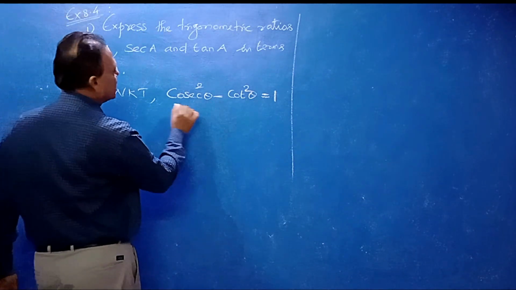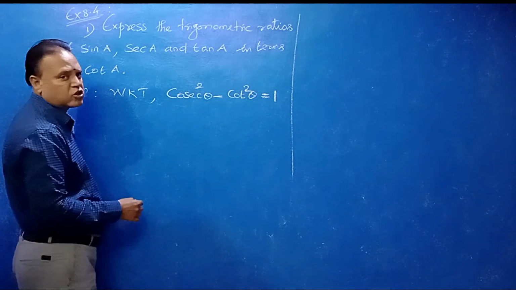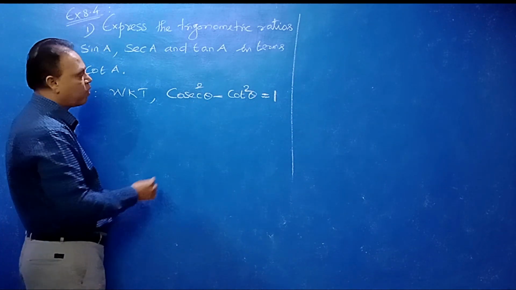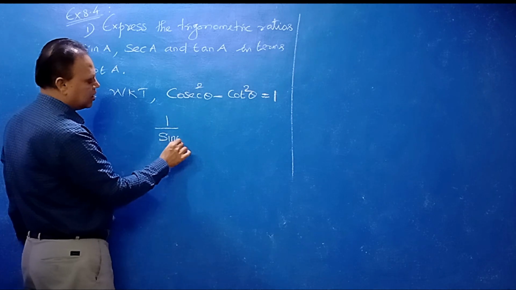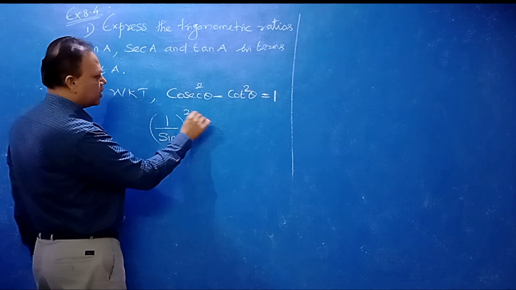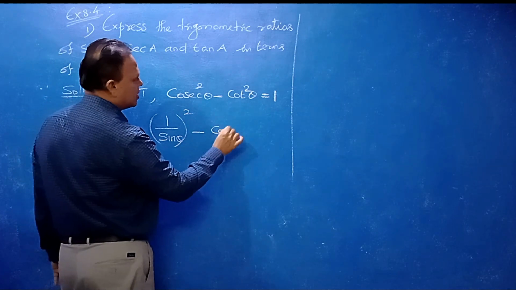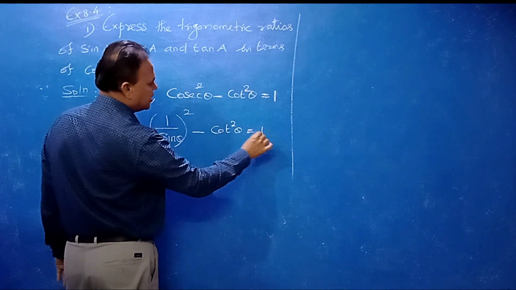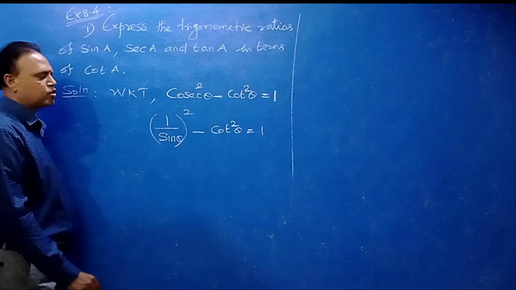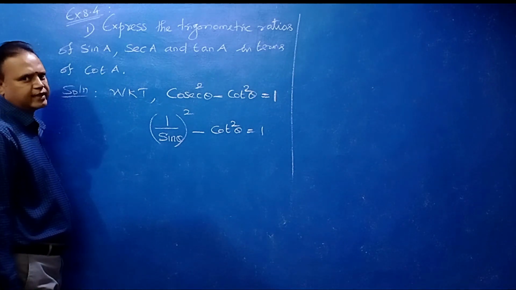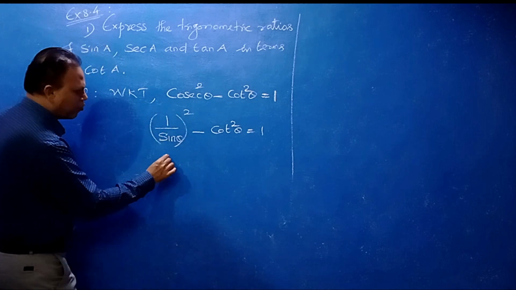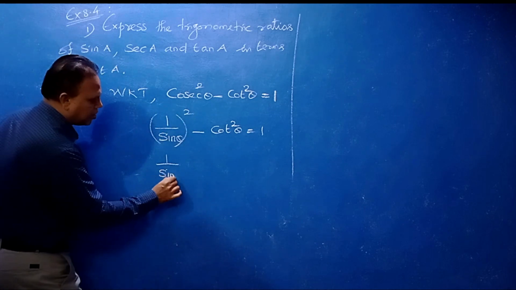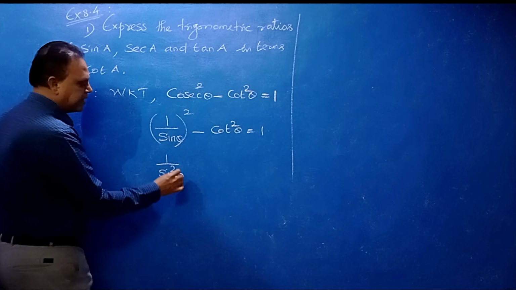Now you see this cosecant square theta, you can change to 1 by sin. This is nothing but 1 by sin theta whole square, minus cot square theta. Keep it as it is because we have to find it in terms of cot square theta. Now squaring 1 by sin square theta, squaring numerator and denominator.